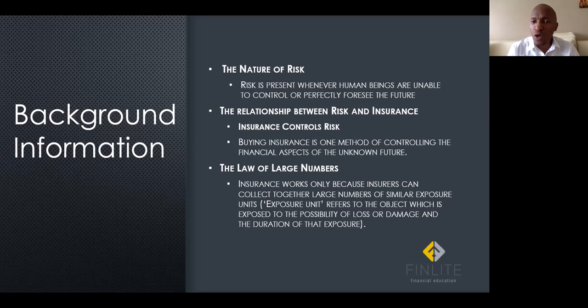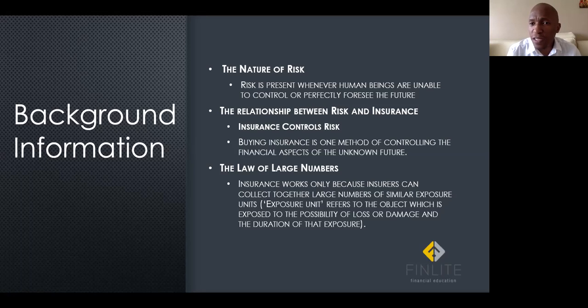And insurance works with the law of large numbers. The law of large numbers means that there is no insurance without the big numbers. The big numbers are the premium contributors, the people that are contributing to make sure that there's a huge lump sum available for someone who's contributing only about 150 rands per month, but they are able to be covered for, let's say, 600,000 or 500,000 worth of value of the asset, or the life, if it's a life cover.